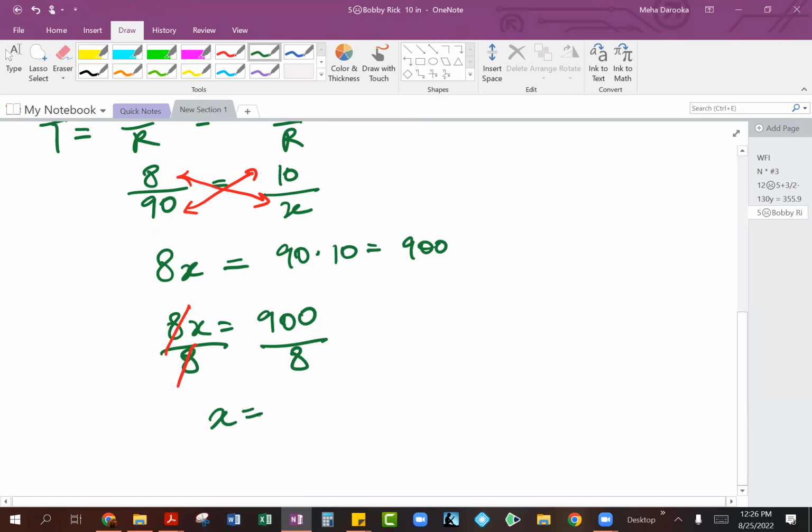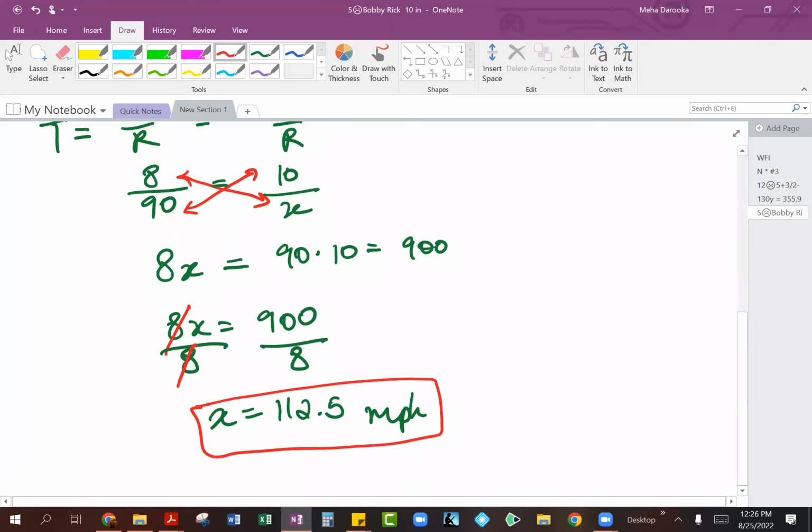And 900 divided by 8 came out to be 112.5 miles per hour. And again, just look at the rounding rules that my math lab will have. If they want you to keep it at a decimal, they want you to round it to a whole number.